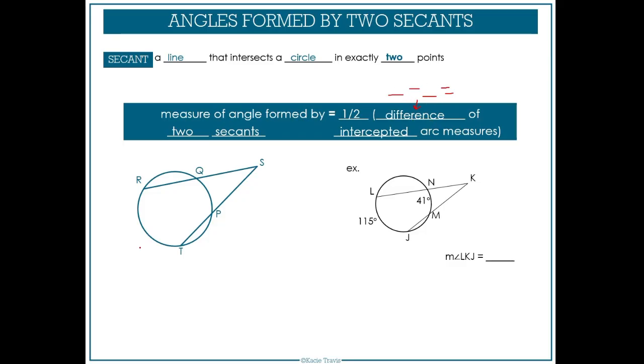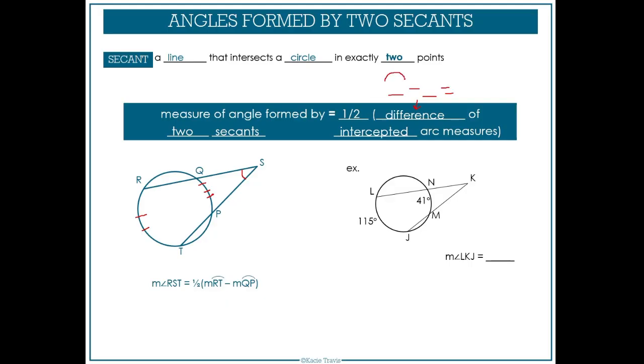Now, when we are taking this difference, it's important for us to look at our angle, RST, which is this one right here, and we are subtracting two arcs. This arc outside from this arc inside. So when we look at this, it's important for us to know the two things we are taking.